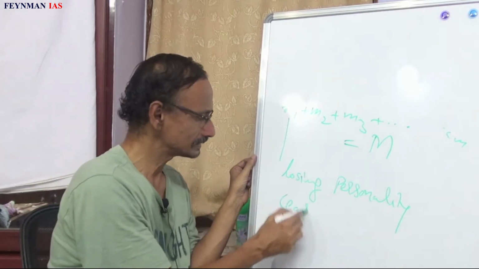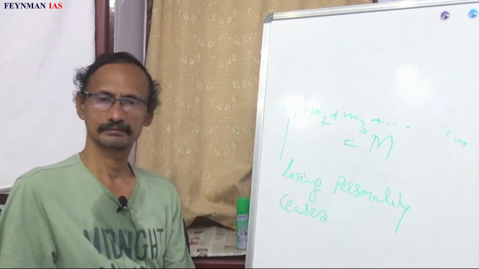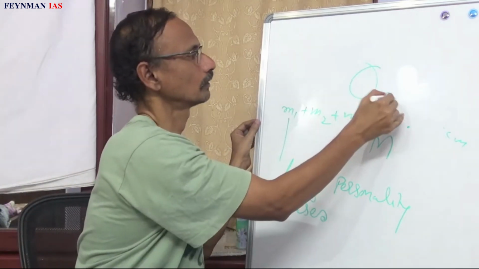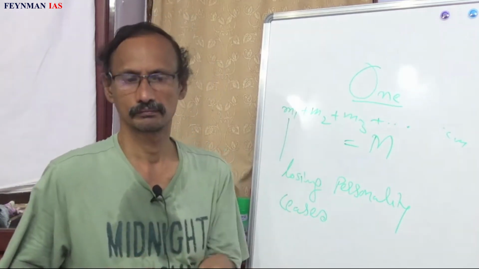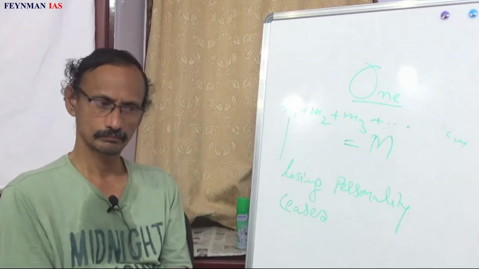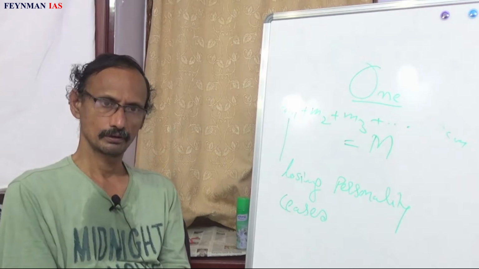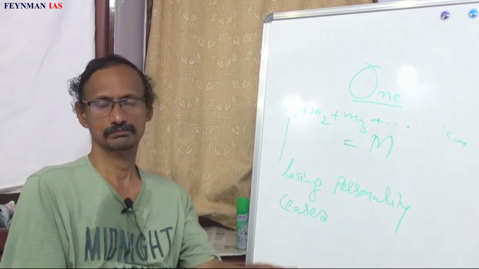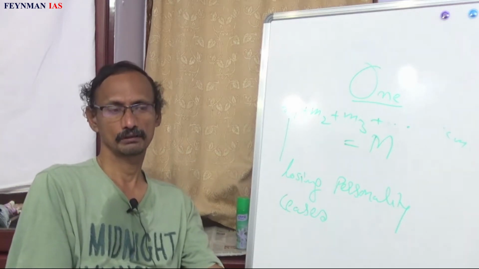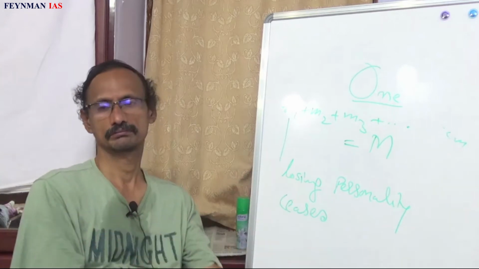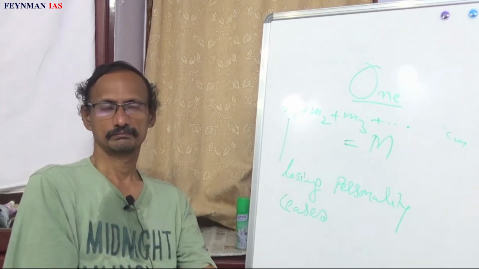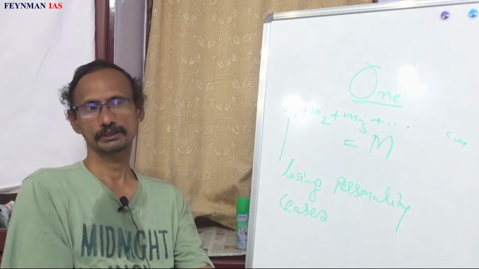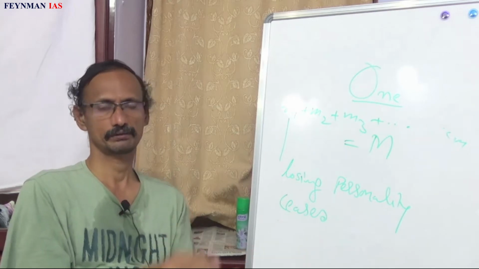Individuality ceases, because they have become one. All became one. It is a bundle of rods. There are no individual rods. They are fused. That is how they have transformed from individuals to one collective entity.